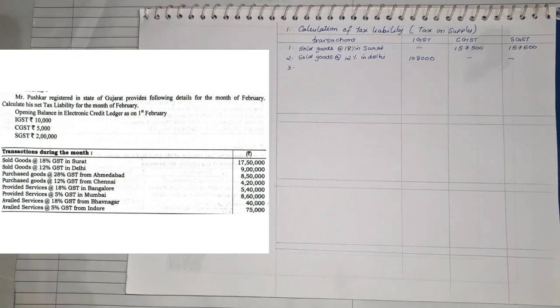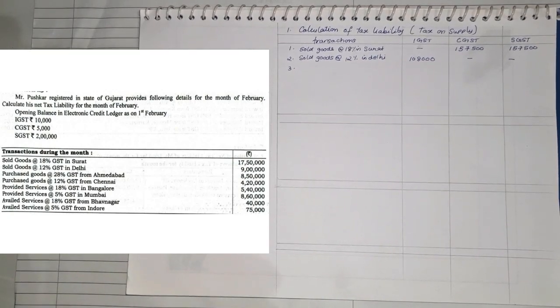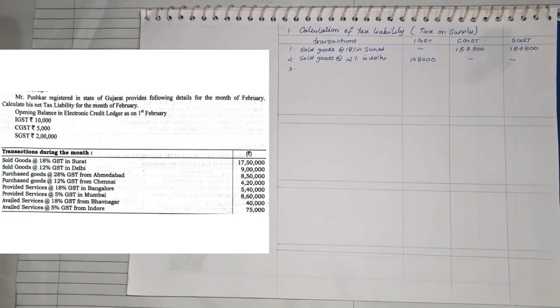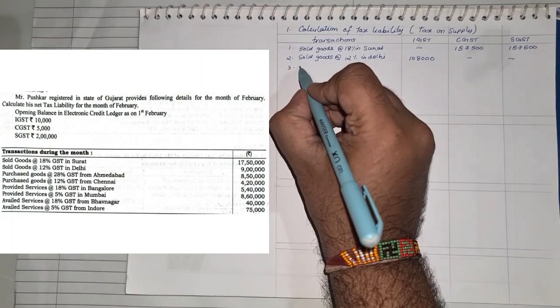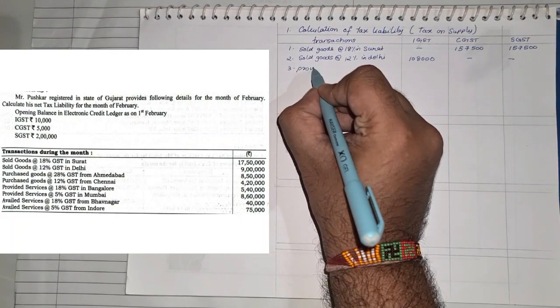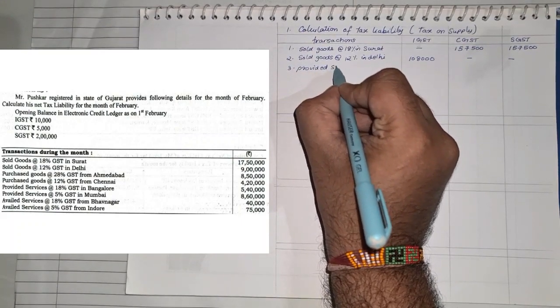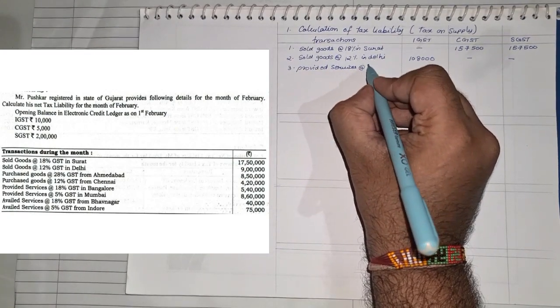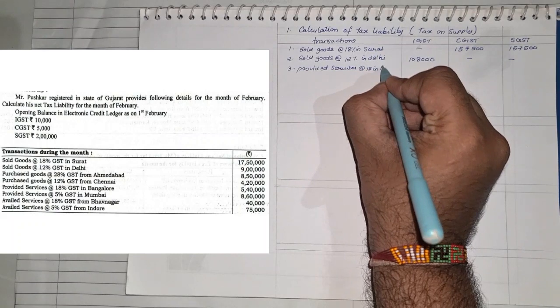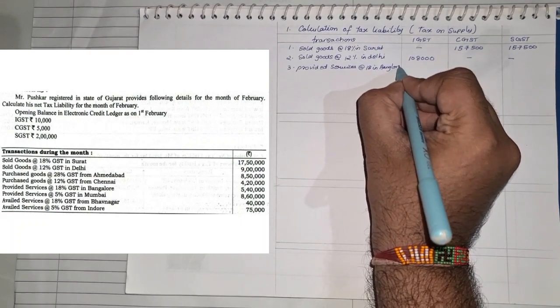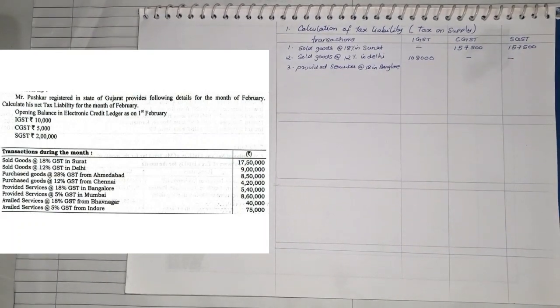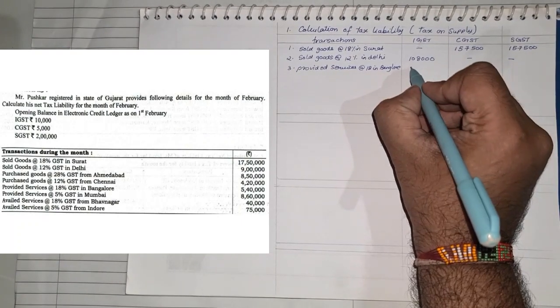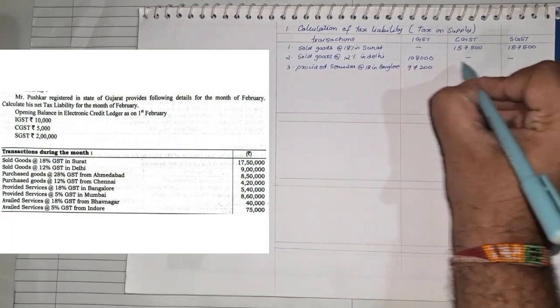The value is 5 lakh 40,000 at the GST rate of 18%. So I'll write here: provided services at 18% in Bangalore. It will be 5 lakh 40,000 into 18%, which comes to 97,200. The entire amount will go in IGST.